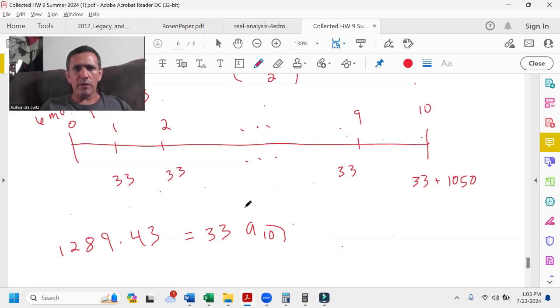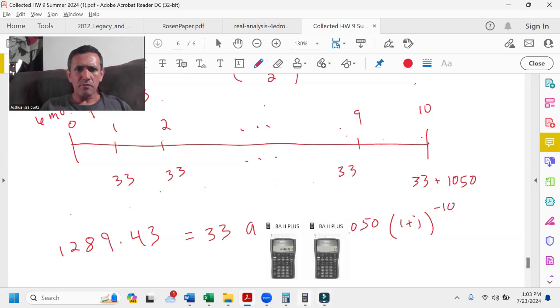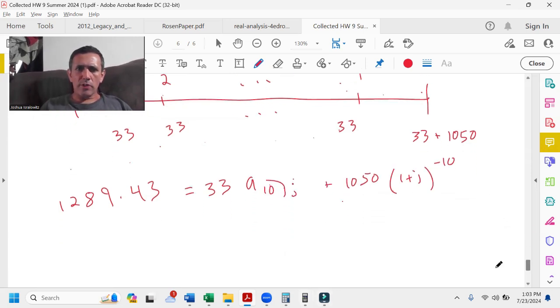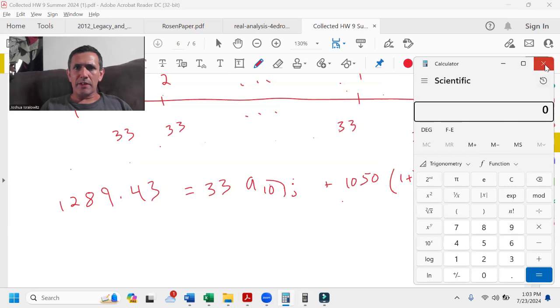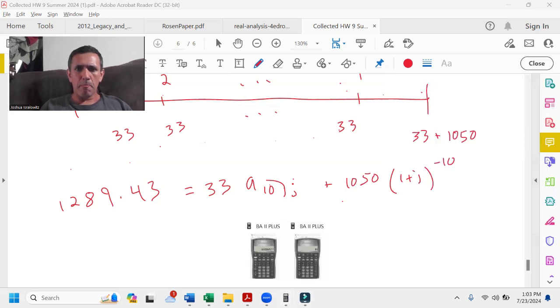So the present value of my 33 payments is 33 a angle 10 at J. We don't know what J is. And then 1050 times (1 plus J) to the minus 10. This is what I called in the video example a bond-like situation.